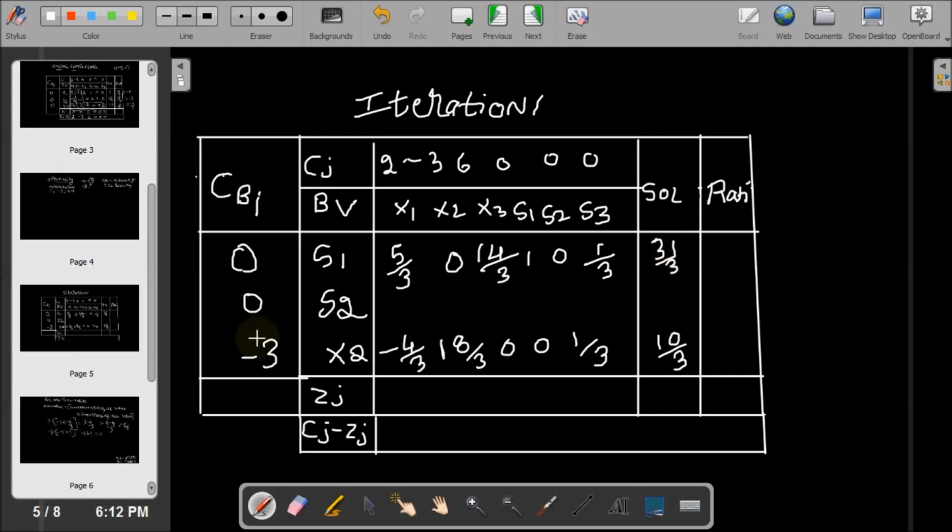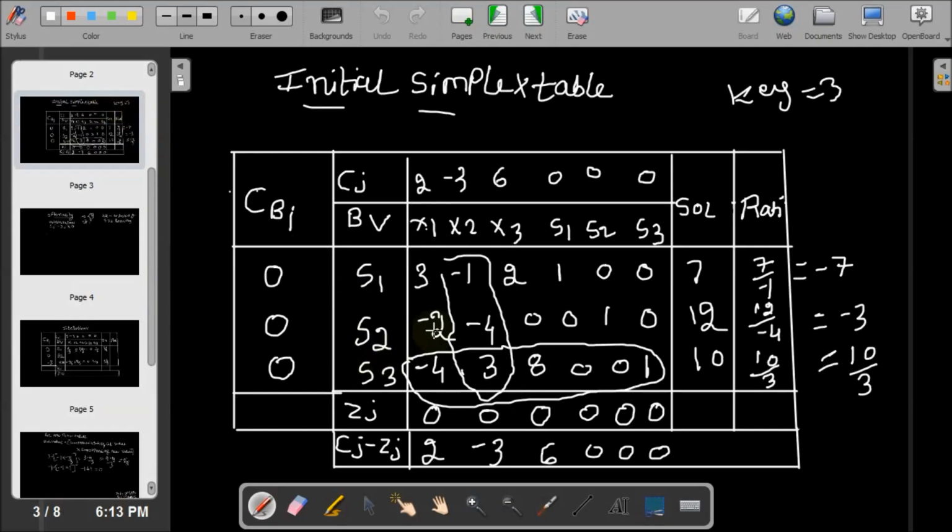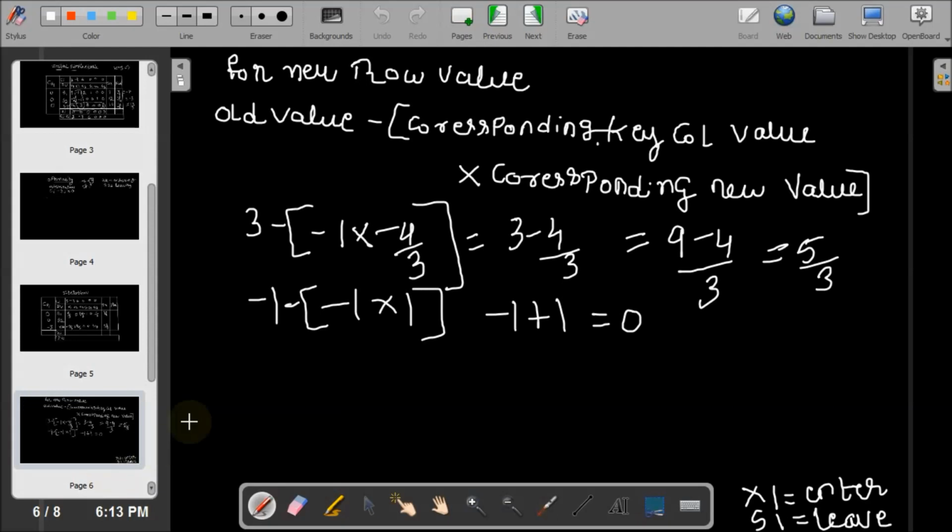In the same way, I have to find out the new values for S2 using the same formula. So I will show you that. See, for S2, what is the old value? Sorry, old value -2. What is the old value for S2? -2. So I will take up the value -2.